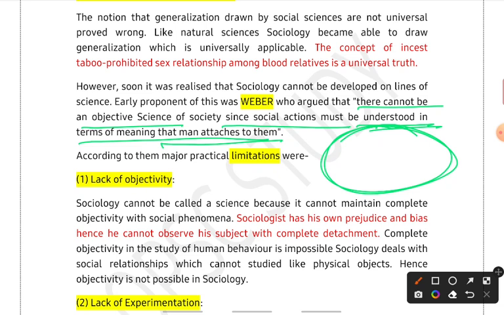You have to study the subjects involved in a particular institution to understand how they understand it, rather than making a general theory of what is family, marriage, suicide, or alcoholism. You should understand it from their perspective.